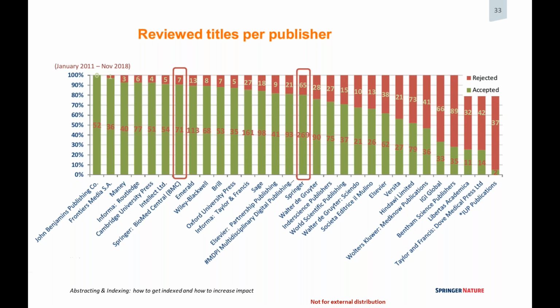For Springer, unfortunately, they've broken it down by imprint, so you do not get an overall idea, because we have so many imprints: Springer International, Springer, BioMed Central, Nature. But I already indicated in my previous slide that 84% of Springer Nature content is getting included in Scopus.